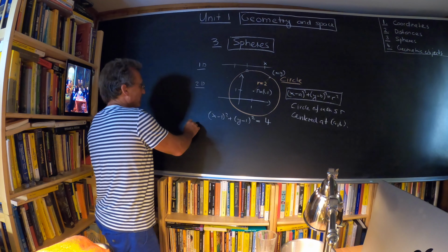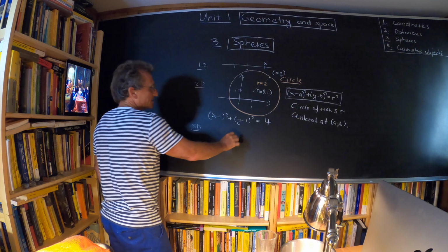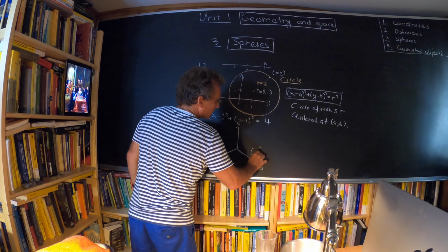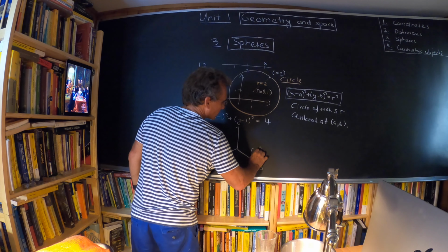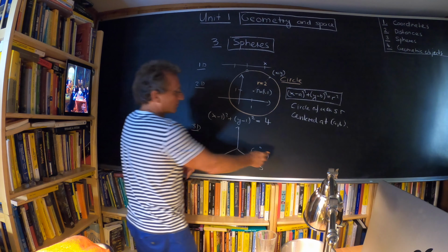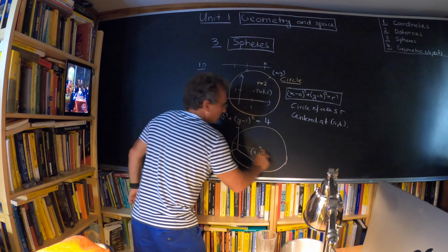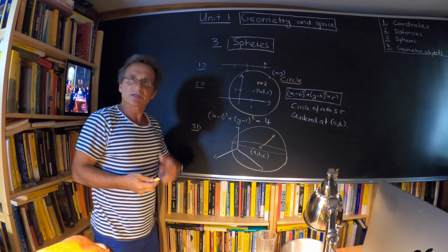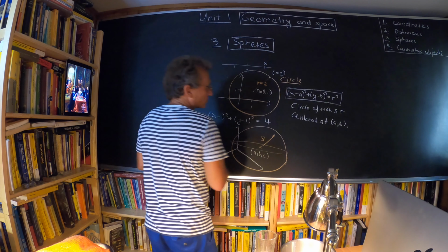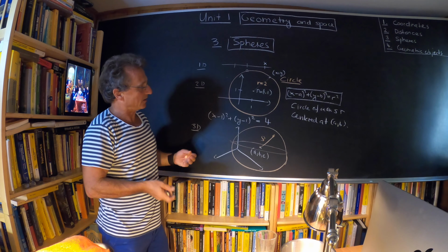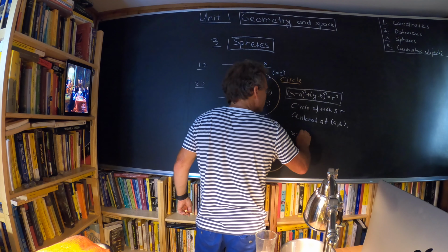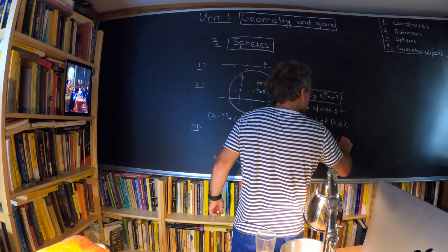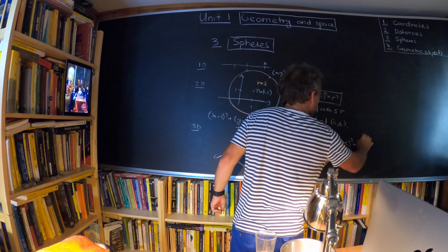Now in 3 dimensions, the sphere is what we really have called a sphere. We take a point with coordinates a, b, c, and we draw the sphere and the radius here. In 3 dimensions, I usually call the radius rho. This is the Greek symbol rho. So we have x minus a squared plus y minus b squared plus z minus c squared is equal to rho squared.